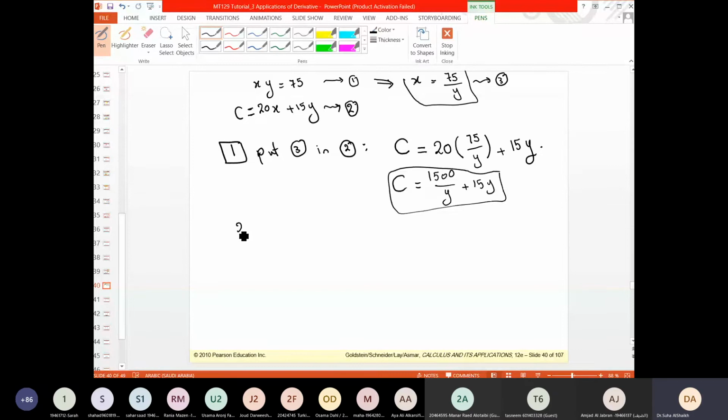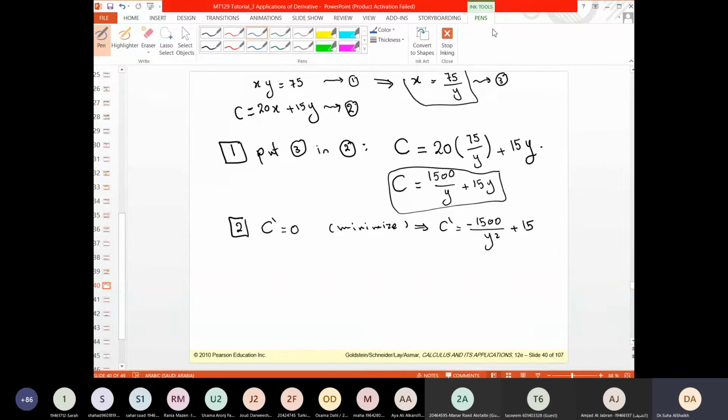Now I'm ready to do step 2, which is minimizing the cost by letting c dash equal 0. They ask about minimizing here. C dash is equal to minus 1,500 over y squared plus 15.